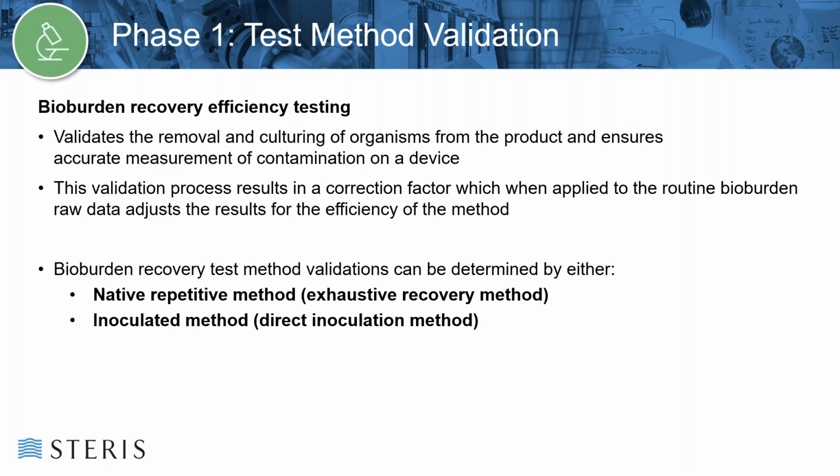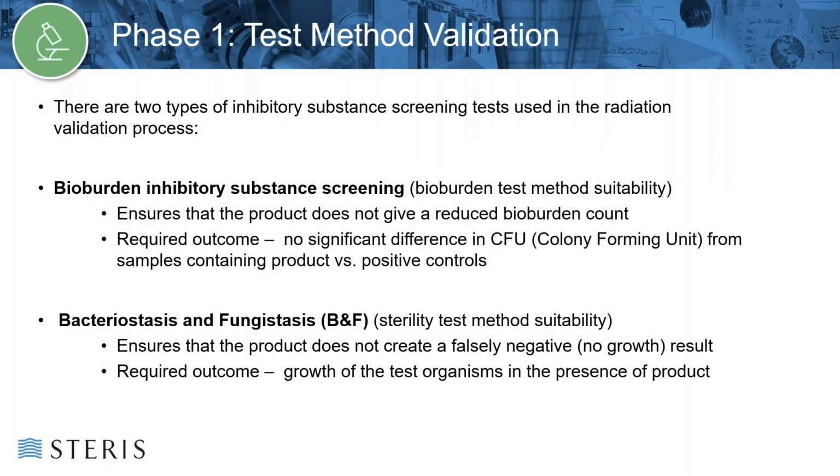Bioburden recovery efficiency testing is one part of establishing the bioburden test method, with screening for inhibitory substances being the other part. There are two inhibitory substance screening tests used in the radiation validation process. The first, the bioburden inhibitory substance screening, is a test that ensures that the product's presence in the extraction fluid does not give a reduced bioburden count.